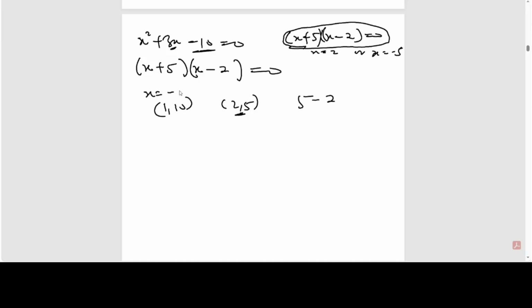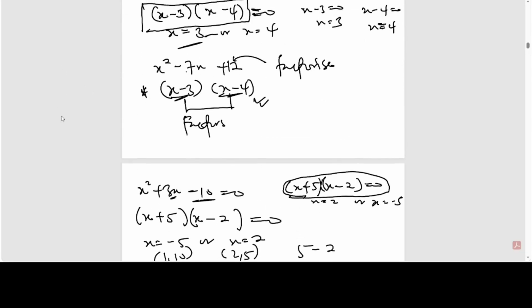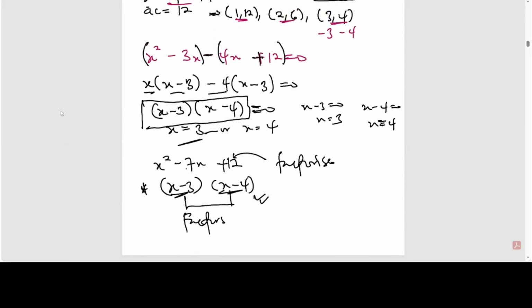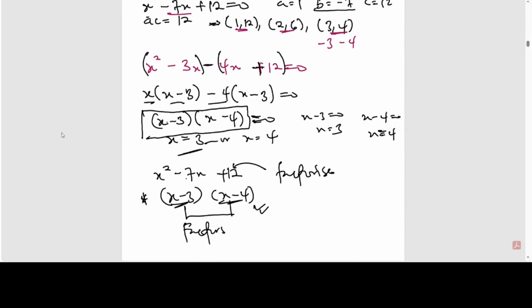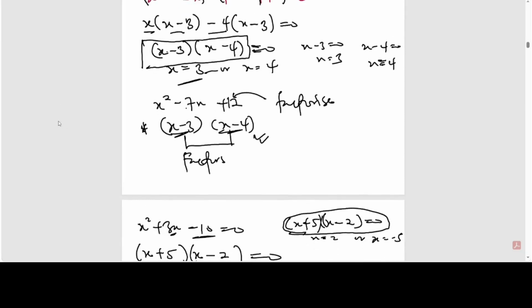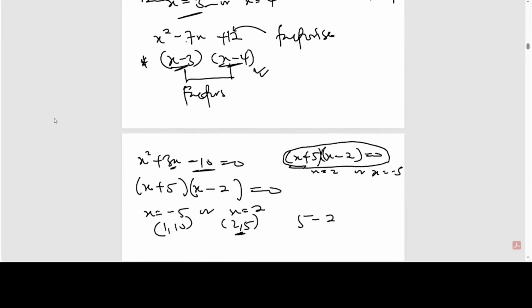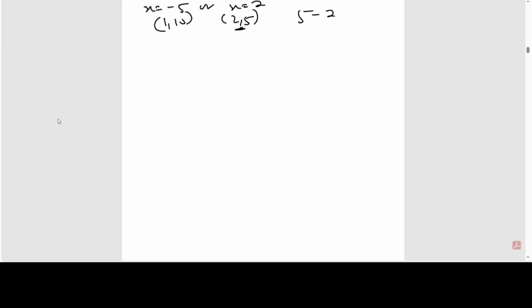So x is equal to negative 5 or x equal to 2. And then for the previous one we did, the second question, we had x squared minus 7x plus 12, and the answers were 3 and then 4. We're going to do the same thing. Remember, I said try to apply this when the coefficient of x squared is 1.